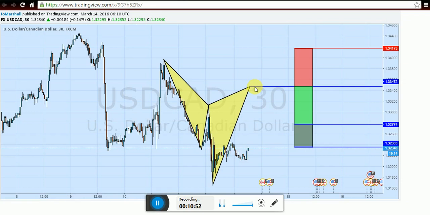That's the beauty of advanced patterns. Once you know where the entry point is going to be, once you make your predictions, you don't really have to change anything. All you have to do is place your pending orders and wait. If the market gets there, you're going to be in a trade. If it ends up breaking below the C point and going beyond the 1-for-1 extension, then the pattern has been invalidated, and you can cancel it.